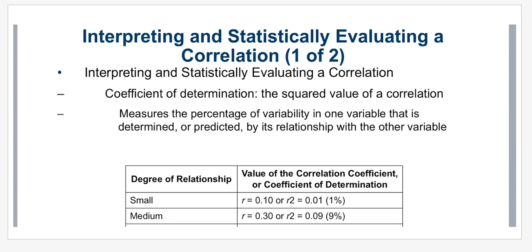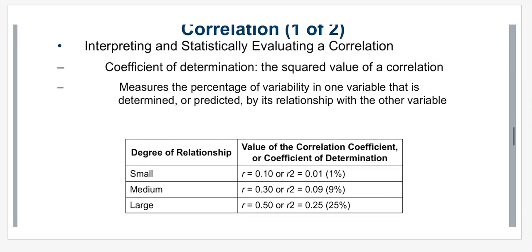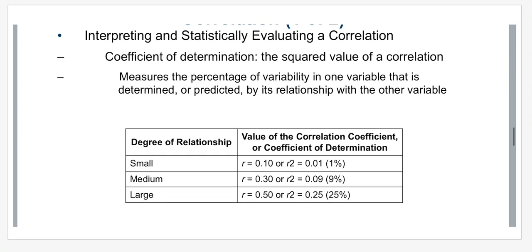So we talked about describing the relationship and giving it a correlation coefficient, but what about interpreting it, and what about statistical significance? For interpreting a correlation, you would use what is called a coefficient of determination.